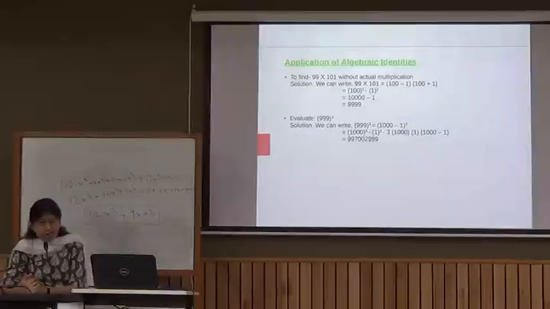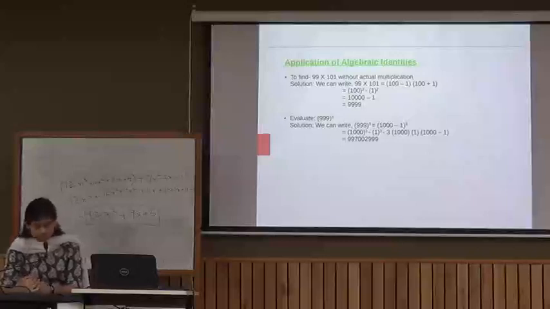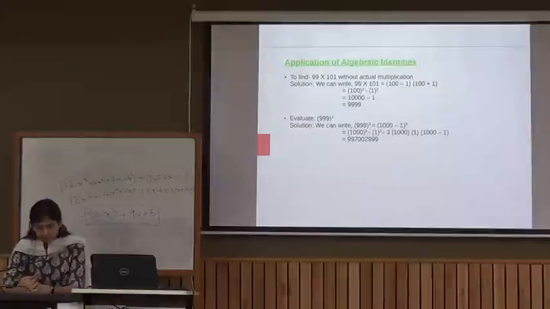Now, understanding algebraic identities applications. For instance, if we need to find the product of 99 into 101 without actual multiplication, we shall be using algebraic identities to find the result. Now, 99 can be written as 100 minus 1 and 101 can be written as 100 plus 1.